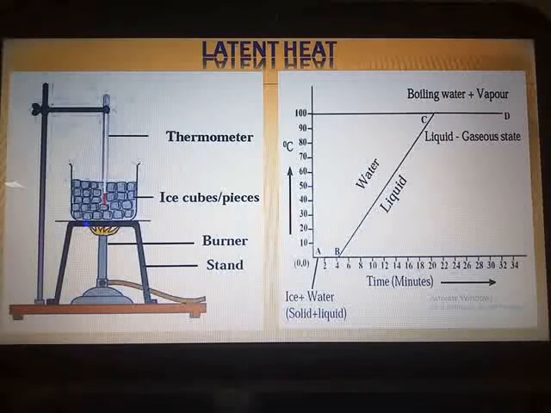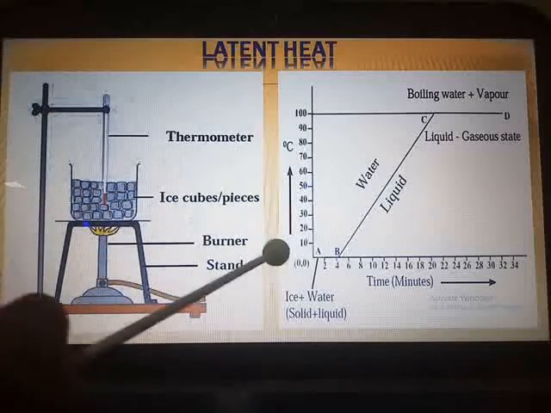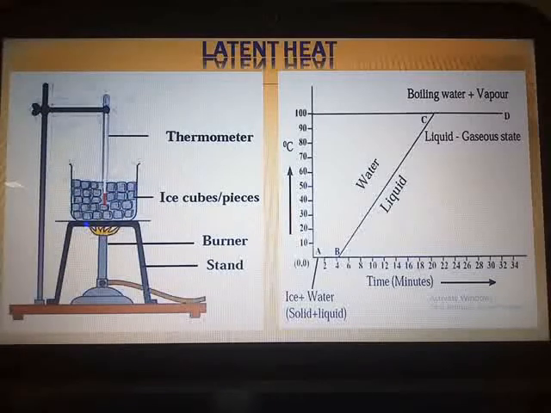The temperature remains constant during this transition. During this transition of one phase to the other, the temperature will remain constant, and this constant temperature at which the ice converts into water is called the melting point of ice, which is 0 degrees Celsius.